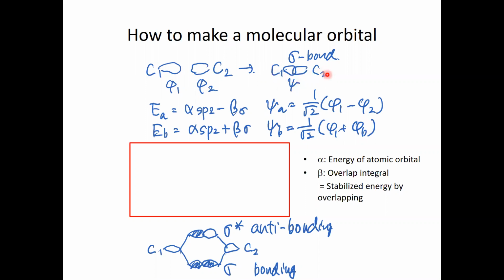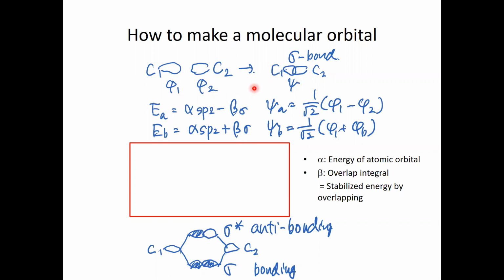I don't show the calculation, but you can check a quantum chemistry textbook. Just by solving the Schrodinger equation, you can obtain the energy of the molecular orbitals.